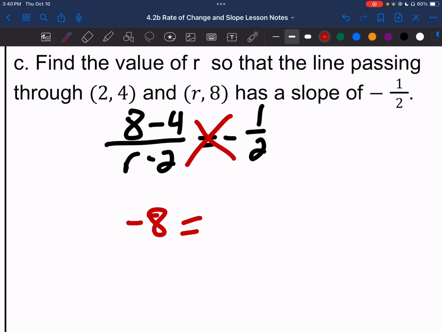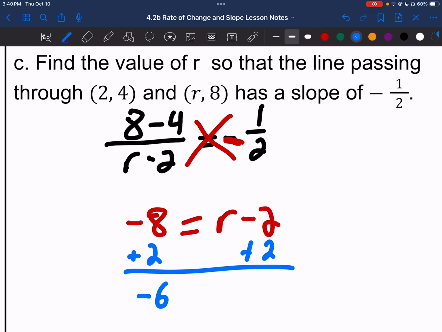We're going to keep the negative sign down below here. And now we've got r minus 2 times 1, so that's r minus 2. And now we need to just add 2 to both sides, and we get negative 6 is equal to r.